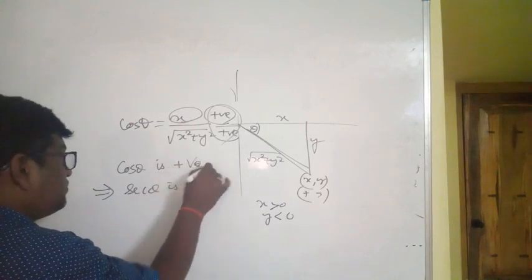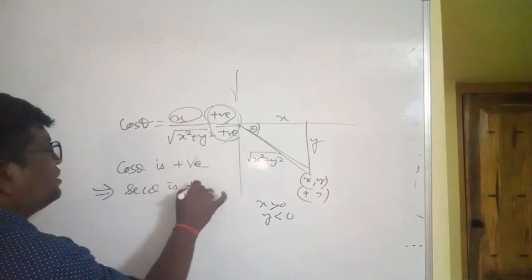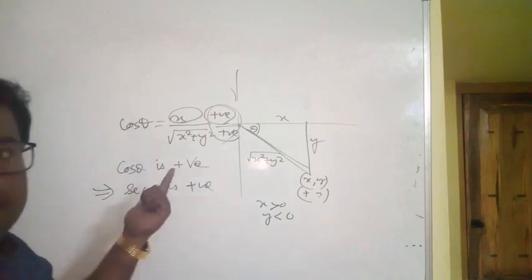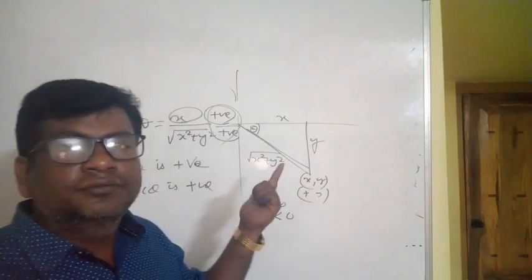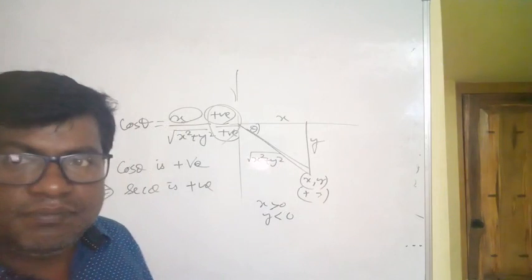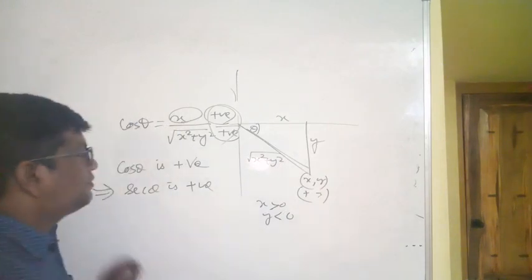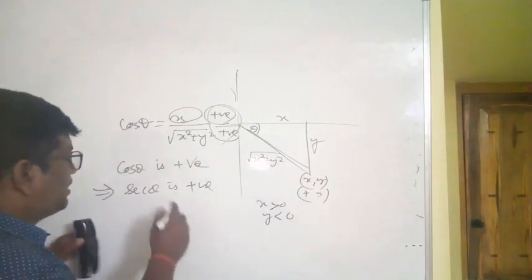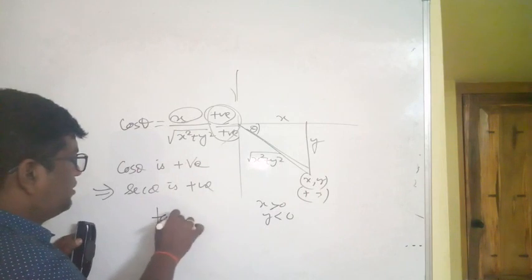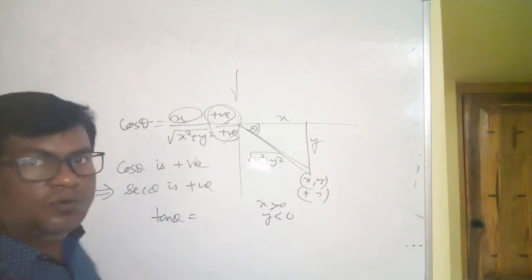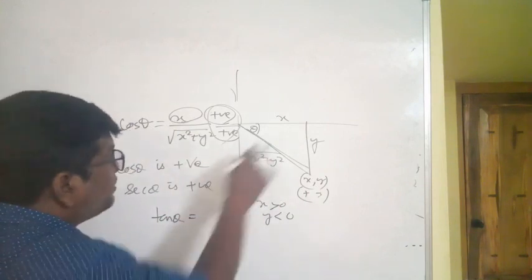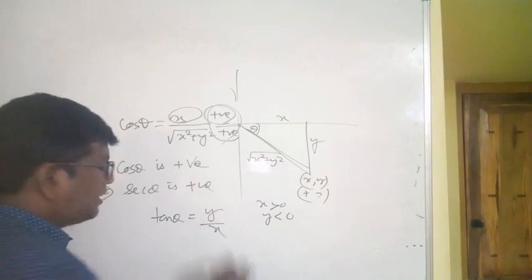If cos theta is positive, then its reciprocal sec theta is positive. Then about tan theta. Tan theta is equal to p by b. What is p? Y by x.